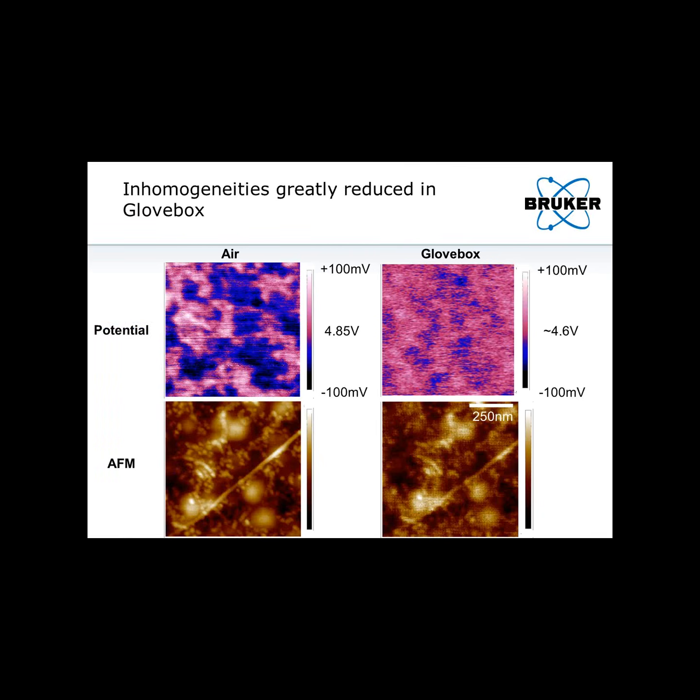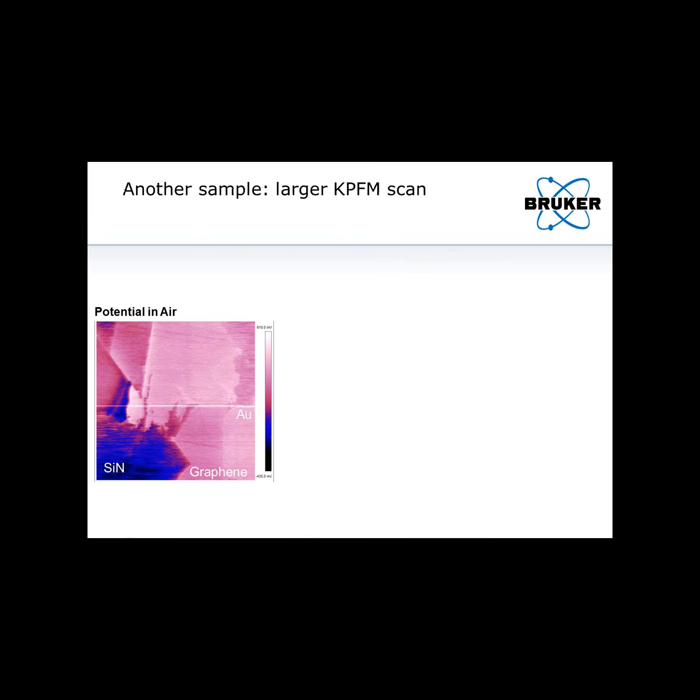So to make sure that this effect is real, we also performed this measurement on another sample on the same substrate. It's just a different area, so it's the same silicon nitride, the same electrode. It's just a different part of the sample.